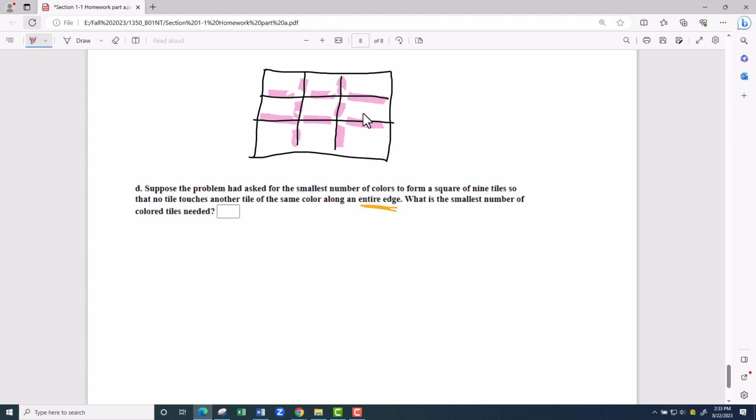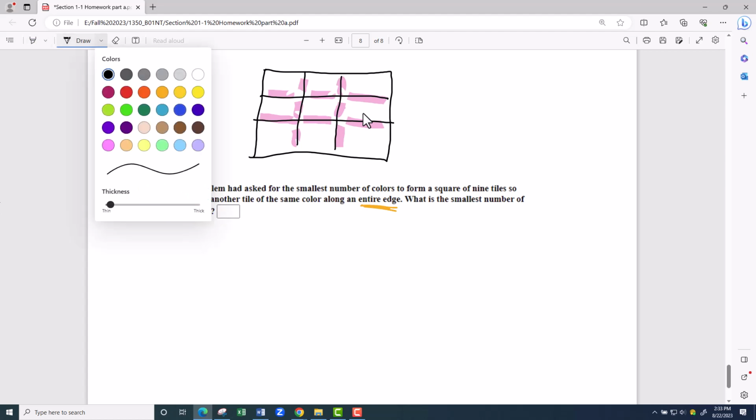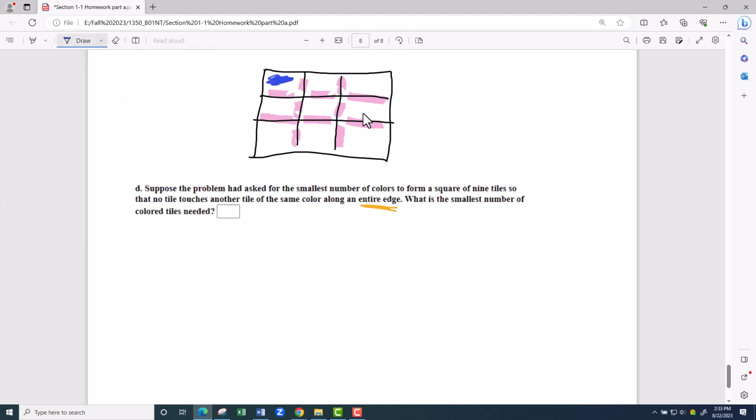So that means that if I want to put, let's say, a blue here, well, I couldn't put it here because it would touch here. And I couldn't put it here because it would touch here. But I can put it here because it doesn't matter if it touches on the corners. And I can put it here because, again, it doesn't matter if it touches on the corners.